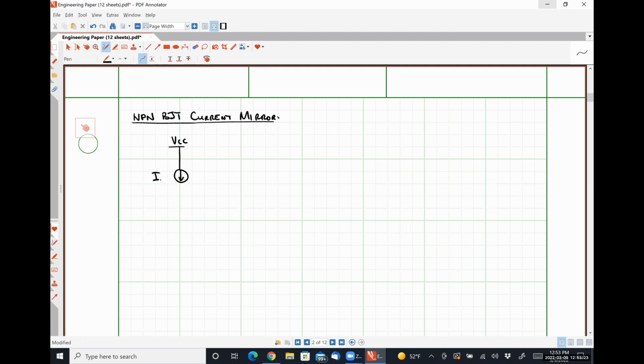Here's our reference current IREF. And then for now, we're going to call this bit here a black box. And this is our sense mechanism. A big question mark on it. Then here on the right-hand side, here's I copy.